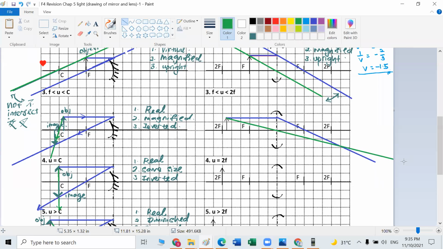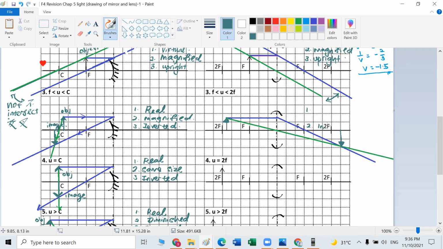C. Ta-da! So this is bigger, so it's upright.